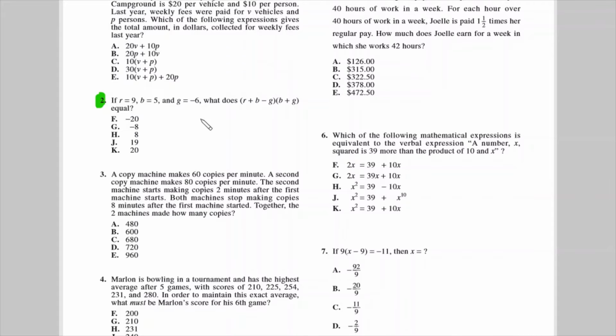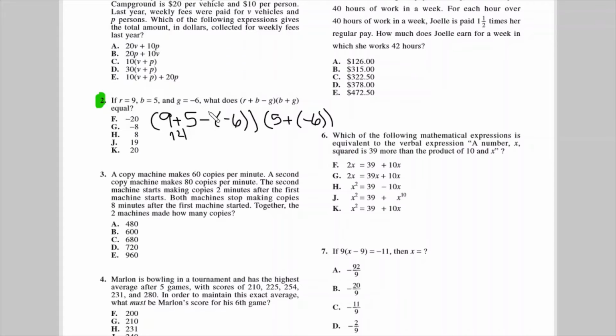So since r is 9, we're going to do 9 plus, and then b is 5, minus, and then we have to put in -6 for g, close our parentheses, and then b, 5, plus -6 again. So 9 plus 5 is 14, and then a minus a negative is the same thing as adding a positive.